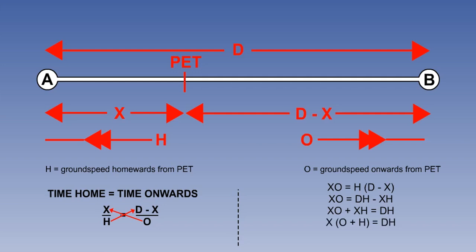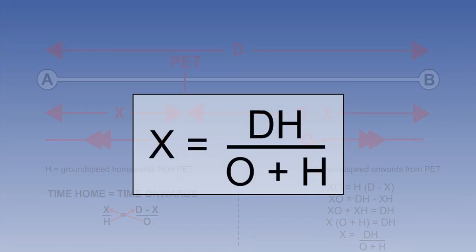Factorise the left-hand side to isolate x. And now divide both sides by O plus h. This gives the final equation x equals dh over O plus h. This is the one that you must remember. You will not be examined on the derivation which we have just shown.